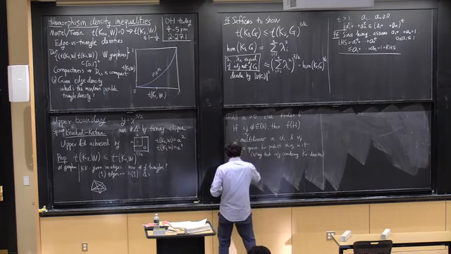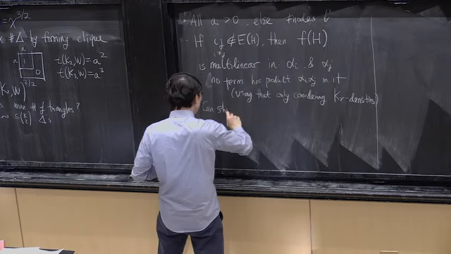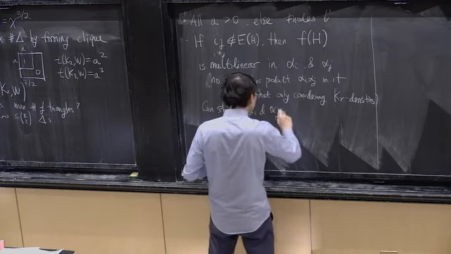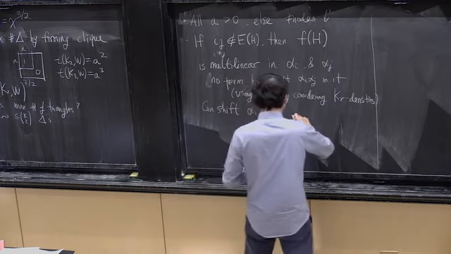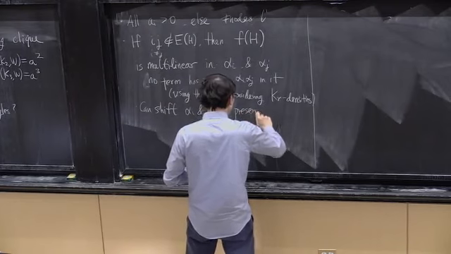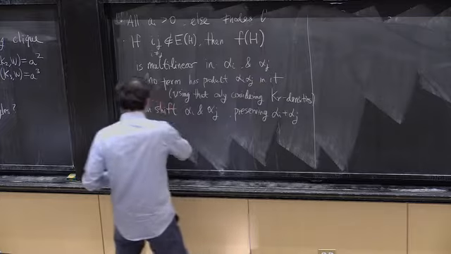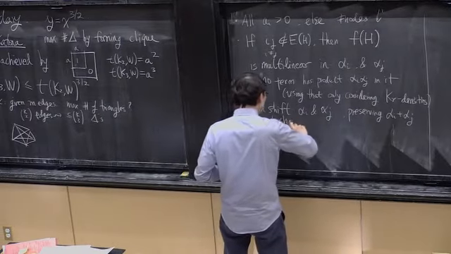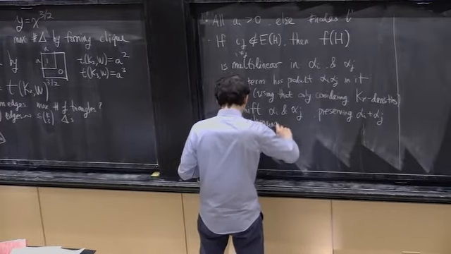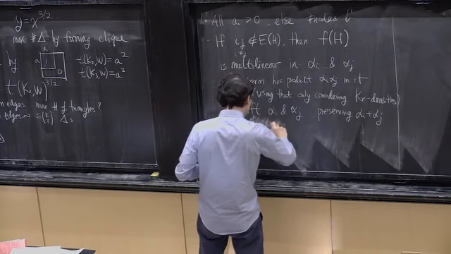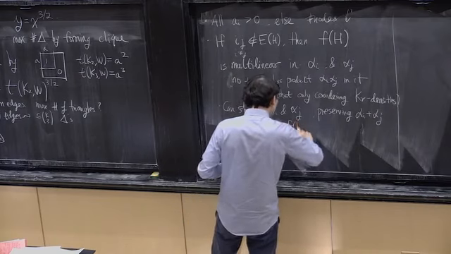So we can shift alpha i and alpha j while preserving alpha i plus alpha j and not increasing f of h.